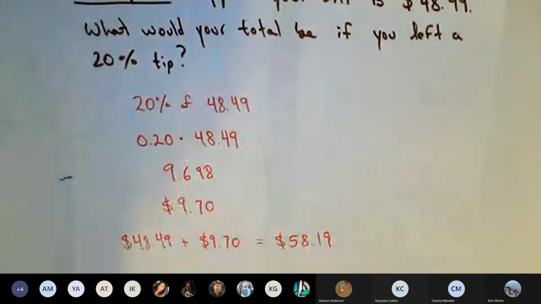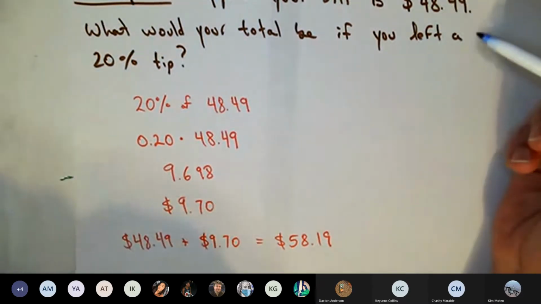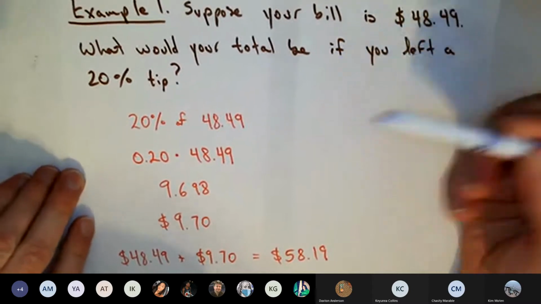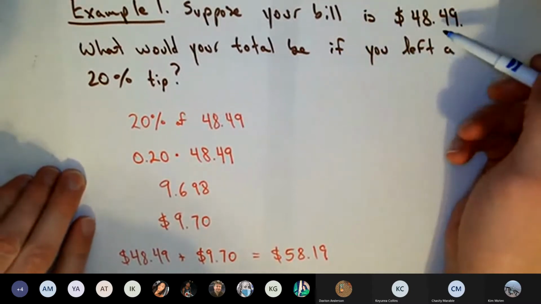Something else I want to point out here is there is a quick way to do all of this in one step, and that is to consider that if we're leaving a 20% tip, then how much are we paying relative to this bill?